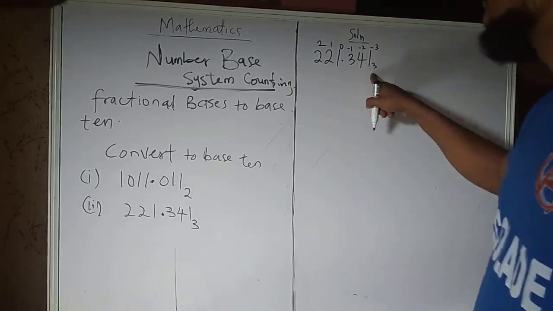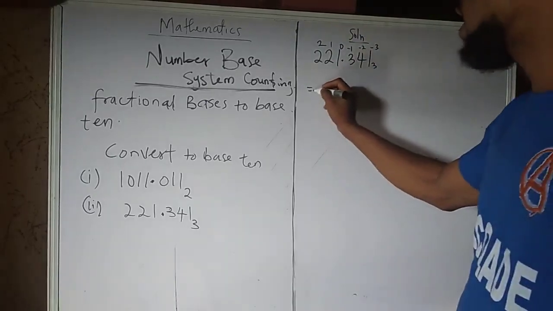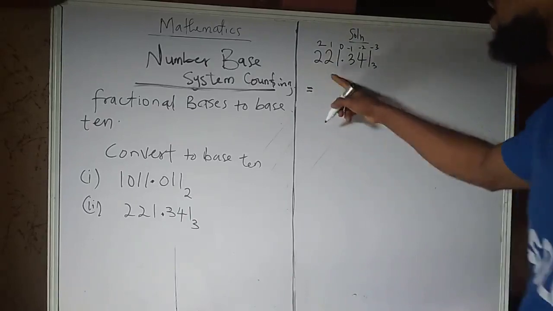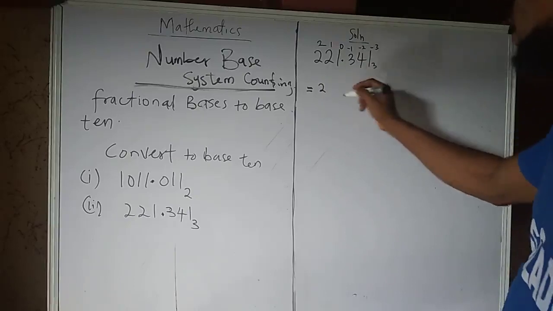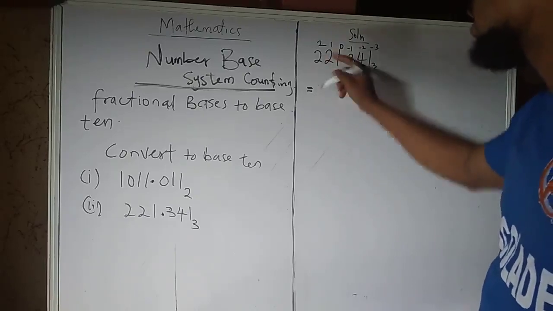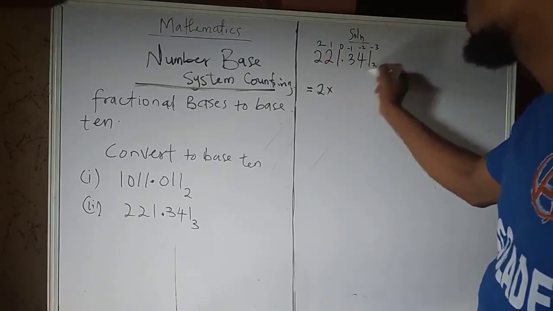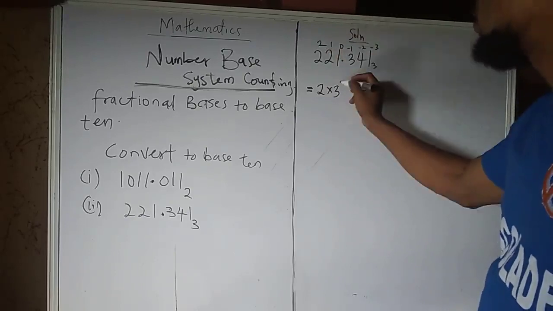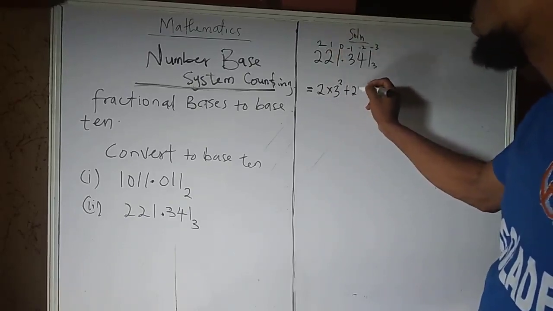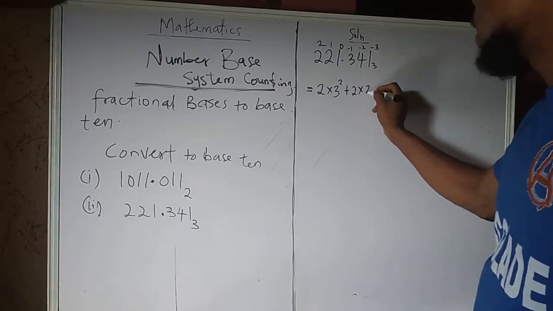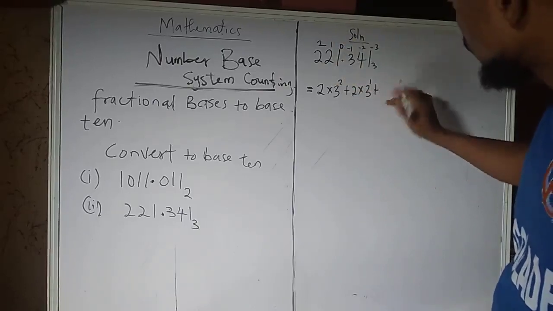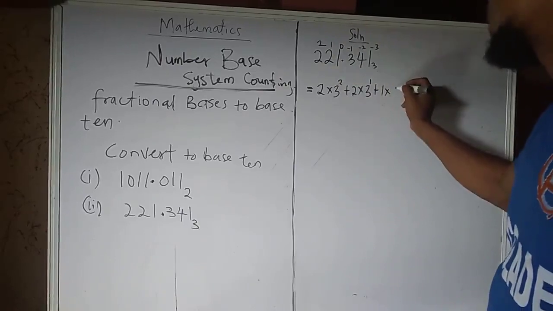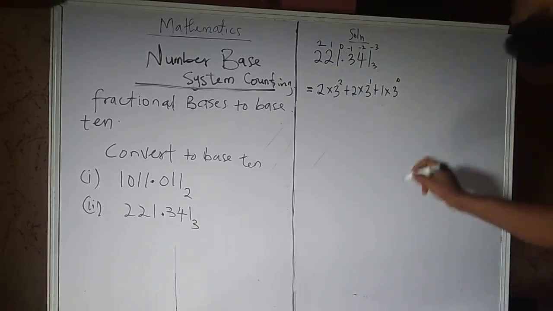Okay, so with this now, we can now have 2. Remember, we are going to expand. The first digit here is 2. So we have 2 times the base, which is 3, raised to the power of 2, plus 2 times the base, which is 3, raised to the power of 1, plus 1 times 3 raised to the power of 0.